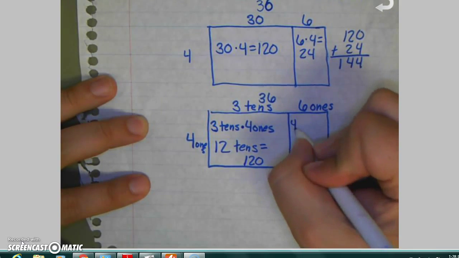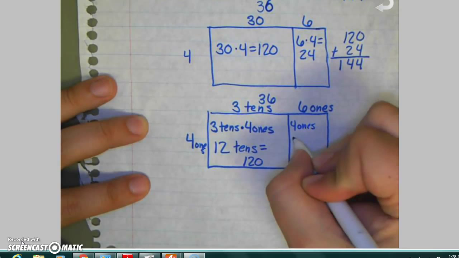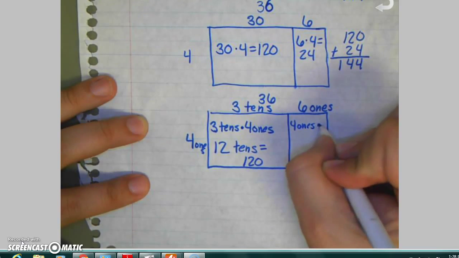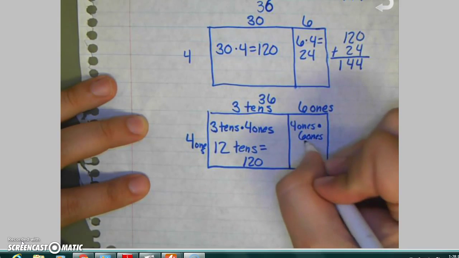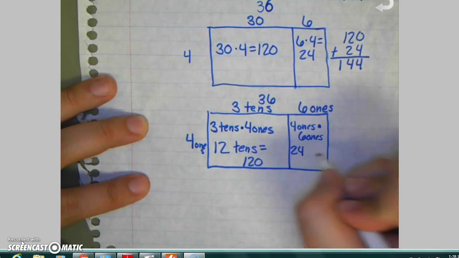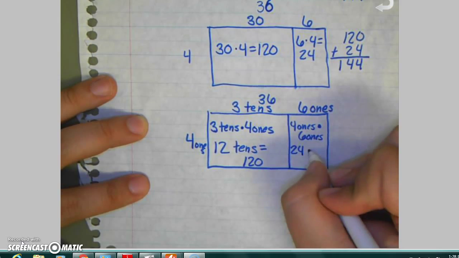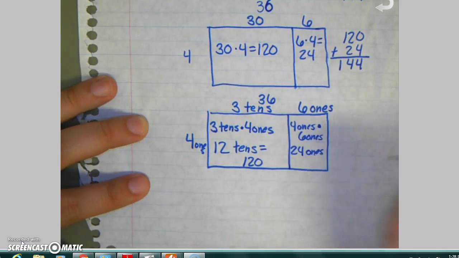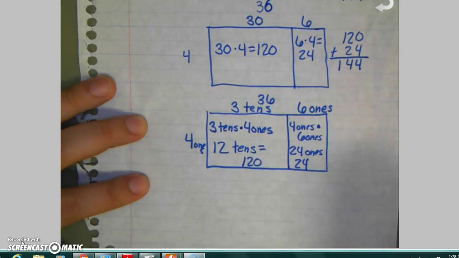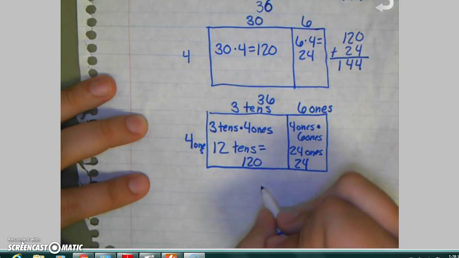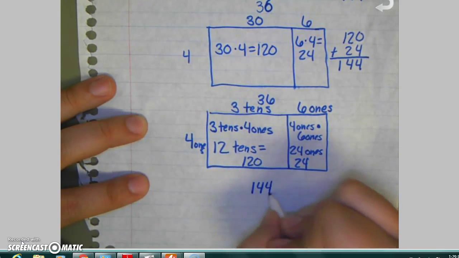And here is 4 ones times 6 ones. 4 times 6 is 24. Ones and ones makes ones. So I know 24 ones is the same as 24. Again, I add the products together, and I get 144.